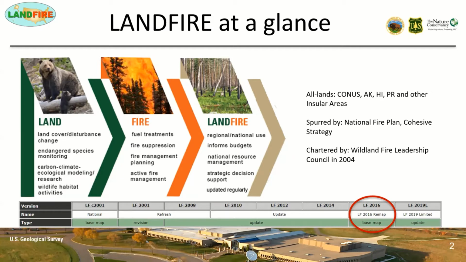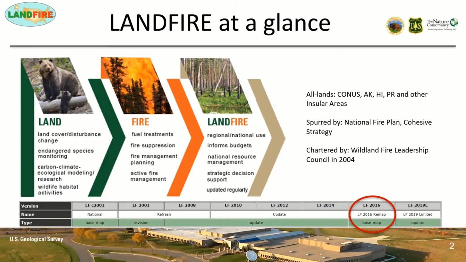And we map vegetation type, cover, and height for every 30-meter pixel across the United States, as well as surface fuel models and canopy fuels. And so those are applicable to all kinds of things: species monitoring, land cover, disturbance, fuel treatments, and fire behavior modeling.